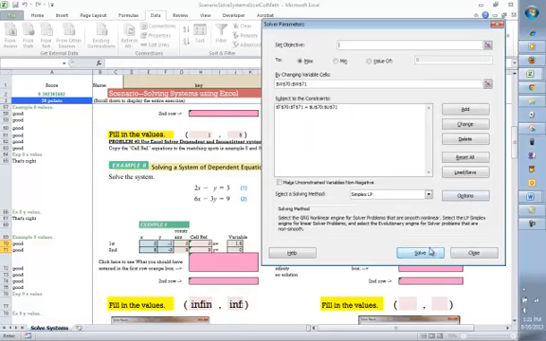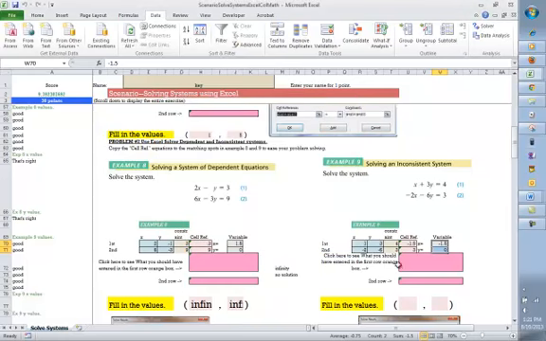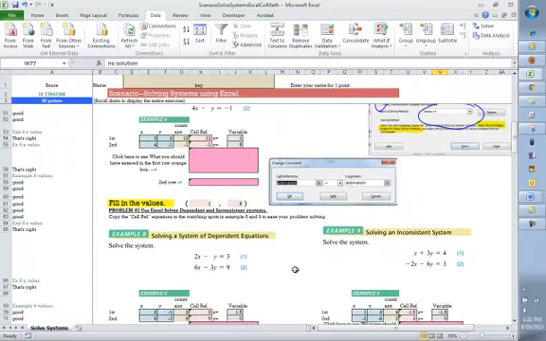And when we press Solver now, it said it could not find a solution. And when it can't find a solution, we would say there is no solution. Next one.